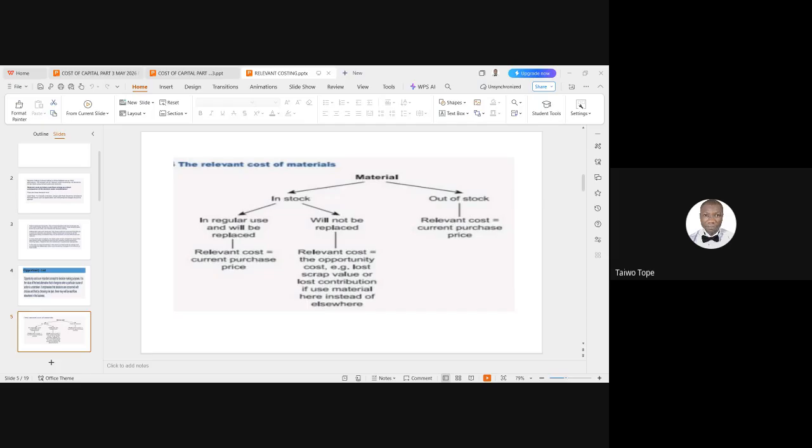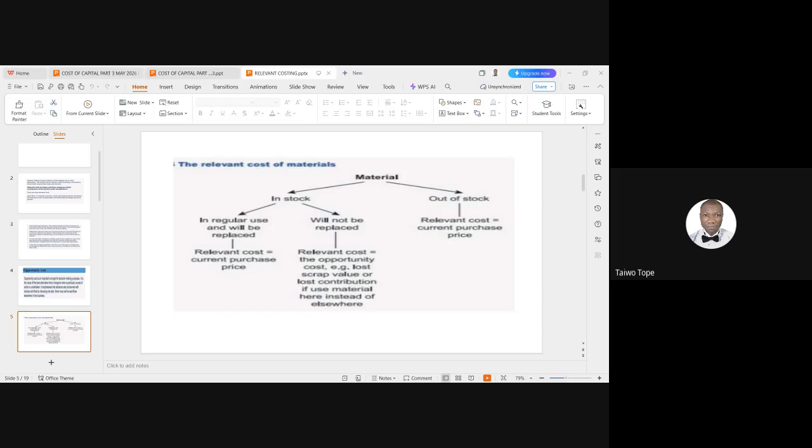When you compare those things you are losing, the highest of the sacrifice will be the relevant cost. So where you have material in stock and has no alternative use, or you will not replace it, the relevant cost will be the highest value forgone. That is the opportunity cost. We're going to see an example in relation to this.